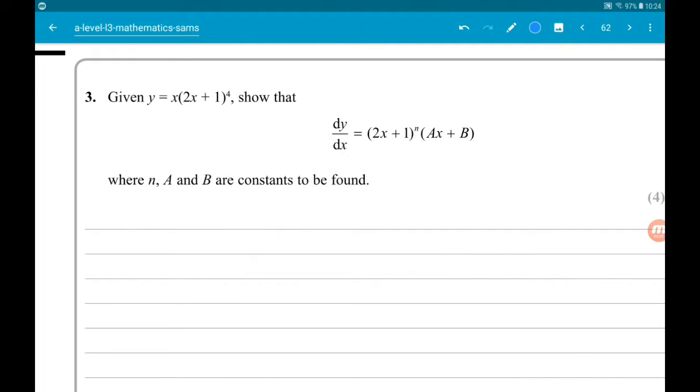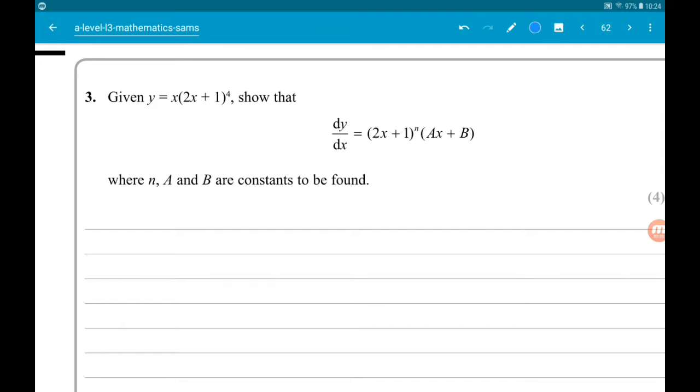Okay, number 3. Given that y is equal to x times 2x add 1 to the power of 4, show that dy by dx is 2x add 1 to the power of n times ax add b, where a and b are constants to be found. Okay, so this is going to be a mix of product rule and chain rule differentiation.